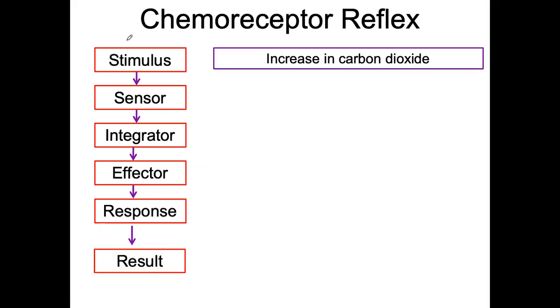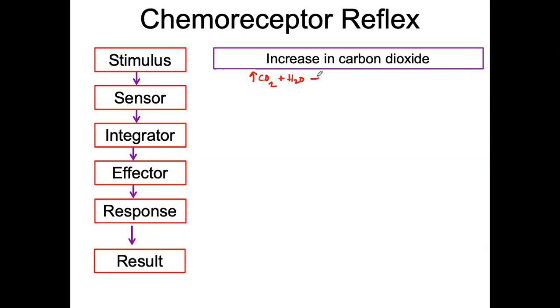Let's go over this. So your mechanism to breathe is based off of CO2 levels. So CO2 levels increase, right? When you increase CO2, what happens to production of carbonic acid? Remember your equation, it's CO2 plus water.